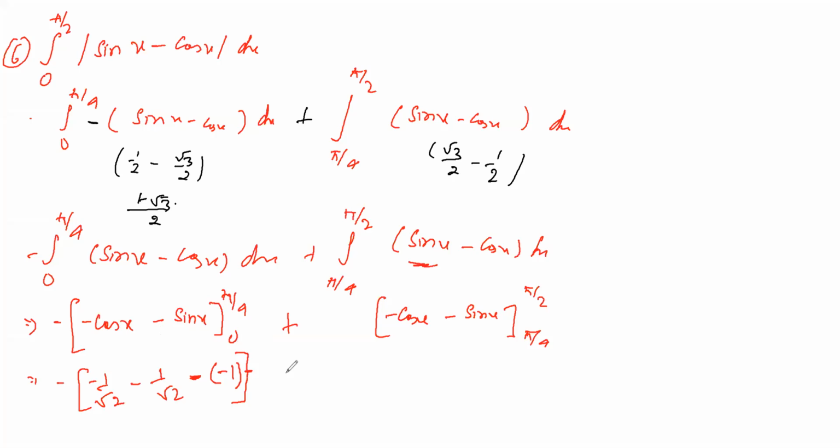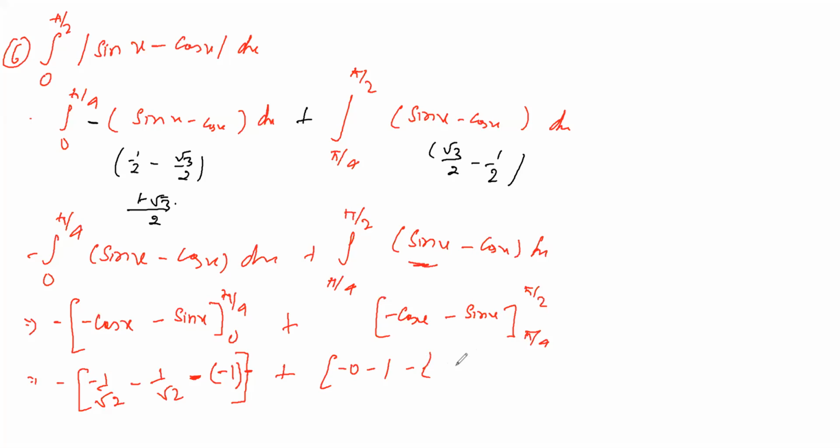Okay. Now plus. Here put minus cos 90. What is cos 90? It is 0. So minus 0 minus sin 90. Sin 90 equals what? 1. Okay. Next minus.